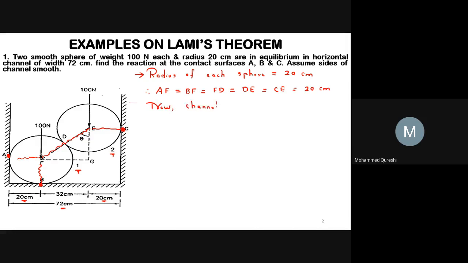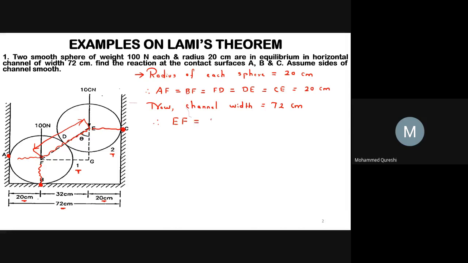Now, channel width is given as 72 centimeter. Therefore, EF means this portion from here till here. EF will be FD 20 plus DE 20.